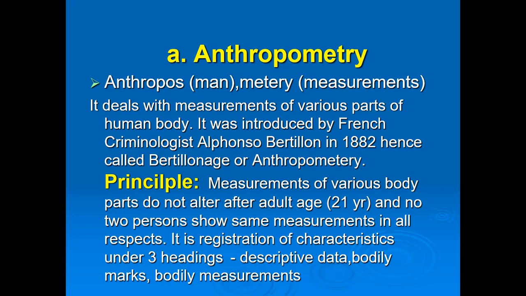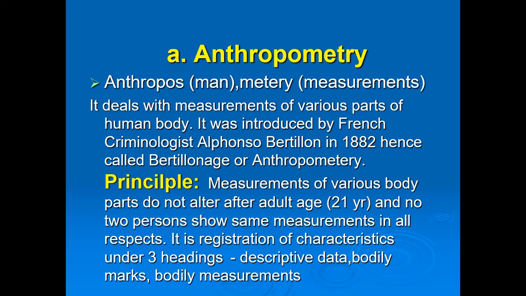But after 21 years, the growth stops, and the body parts don't change much, they don't alter. Like bones, they remain the same, height remains the same. So no two persons show the same measurements in all respects.